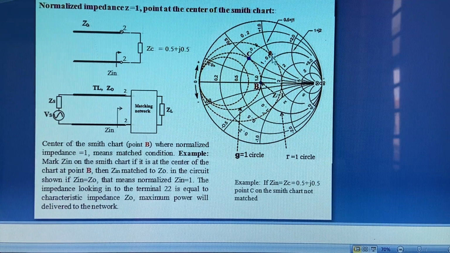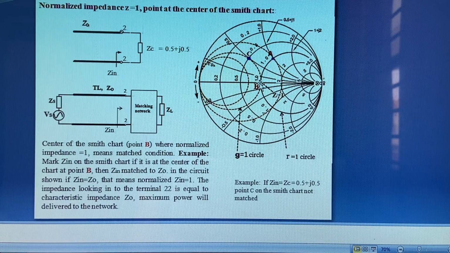As we can observe from this figure, this is the R equal to 1 circle, and the G equal to 1 circle. That is the conductance circle. G equal to 1 is the conductance circle and R equal to 1 is the resistance circle. The G equal to 1 circle and the R equal to 1 circle pass through the center of the Smith chart like this.